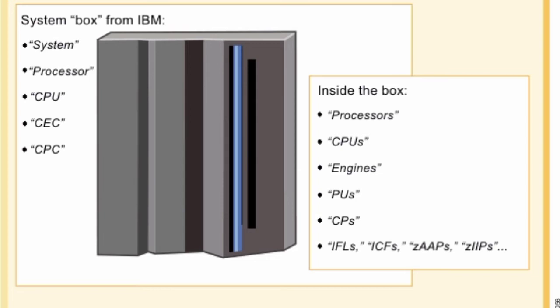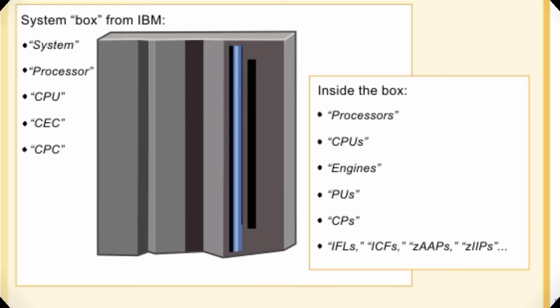They include system books from IBM. Inside the books, they include processor, CPU, engine, PU, CPC, ICF, etc. They are parts of a mainframe computer. They play an important role in the working of the computer.